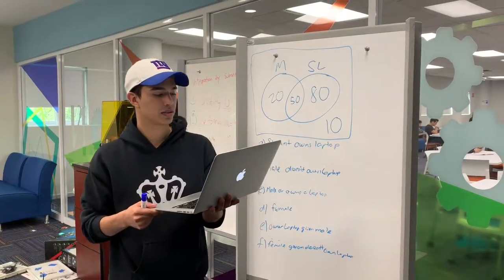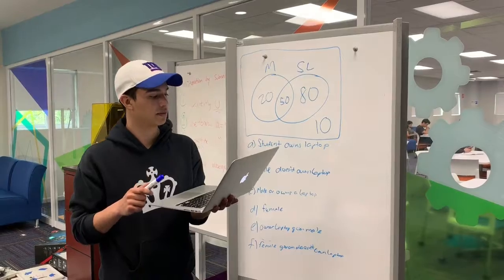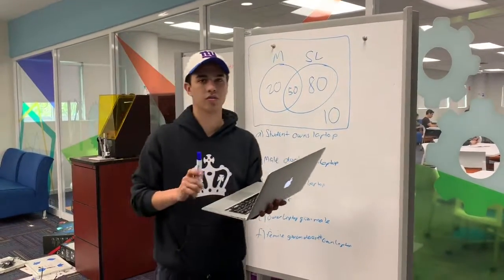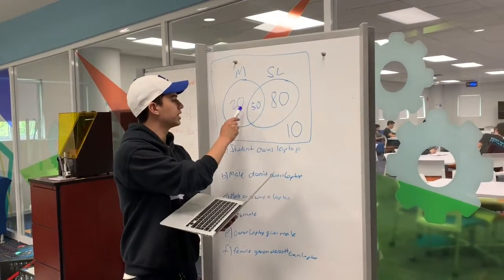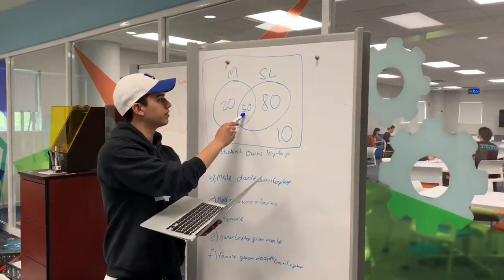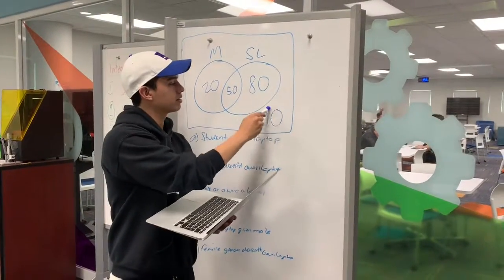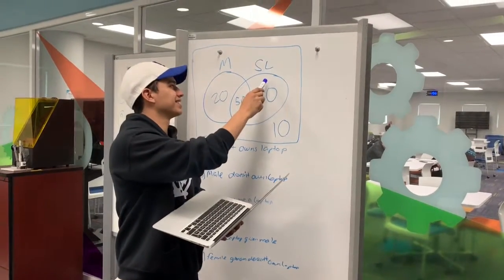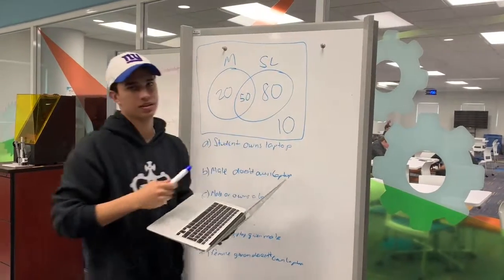160 university students were interviewed, and it was found that 70 are male, 50 are male who own a laptop, and 10 are females who do not own a laptop. So here I did a Venn diagram in which the 70 males, in which 50 own a laptop. Here are the 10 females that don't own a laptop nor are male, and the females that have a laptop, the students that have laptops.